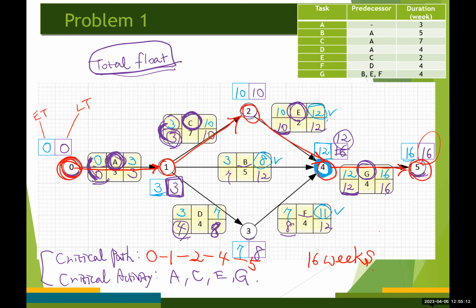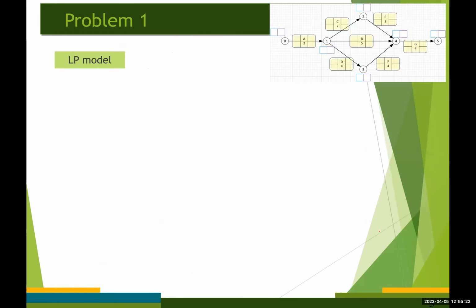Okay, now let's set up an LP model that can be used to find the project critical path. And last time we learned that the dual LP can provide what you need, right?